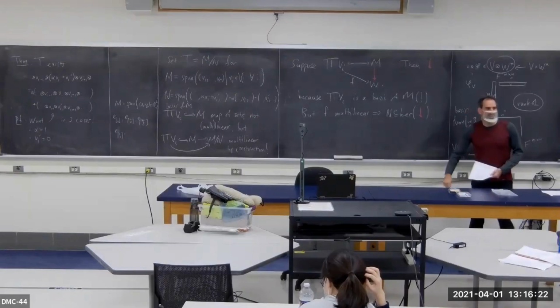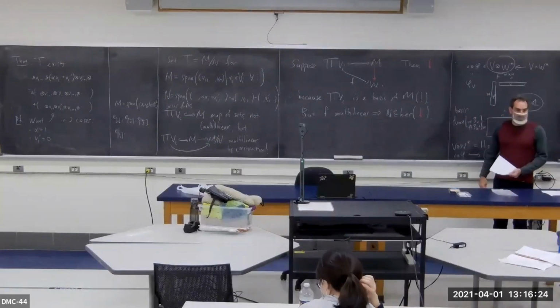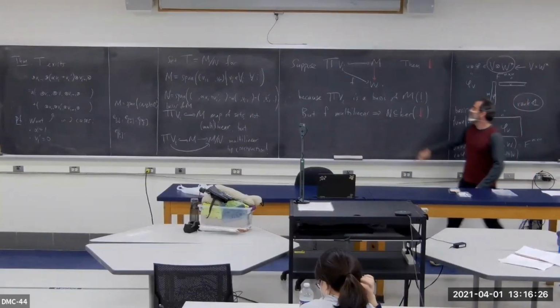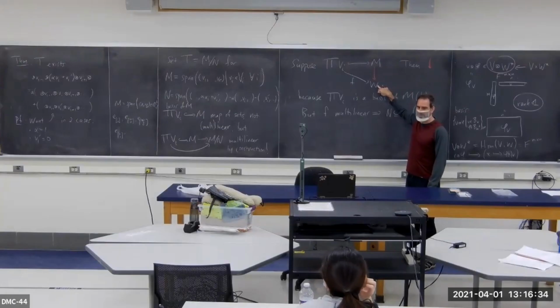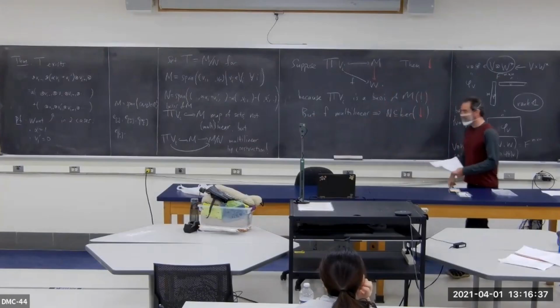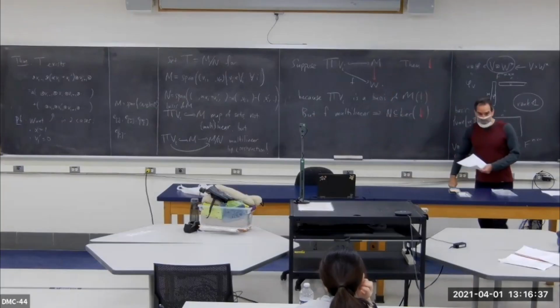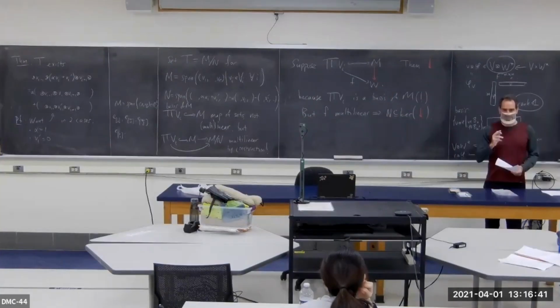What do we know about the universal property of quotients? Here we have a vector space homomorphism. It contains N in the kernel. What do we know about the universal property of quotients? It factors through what?